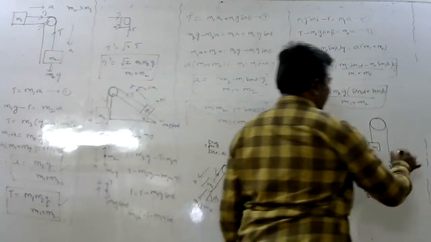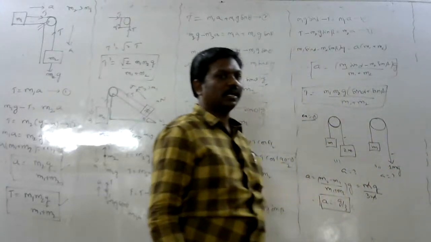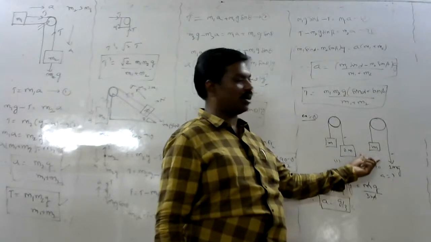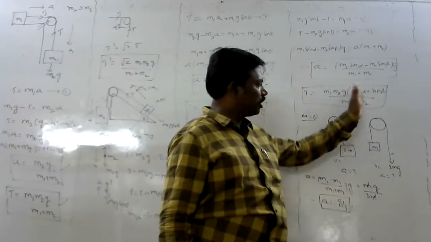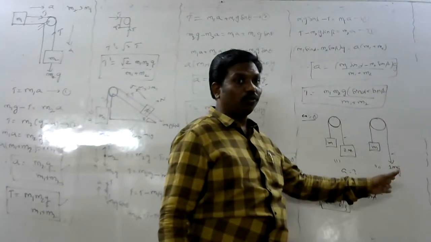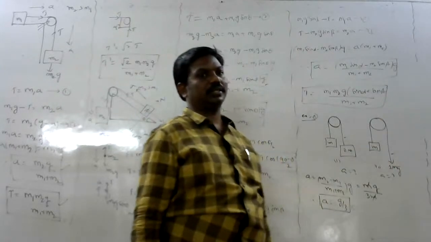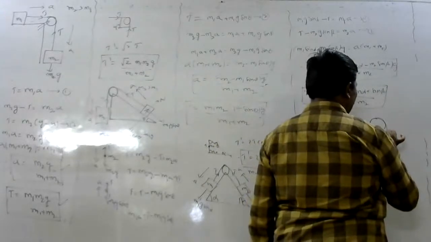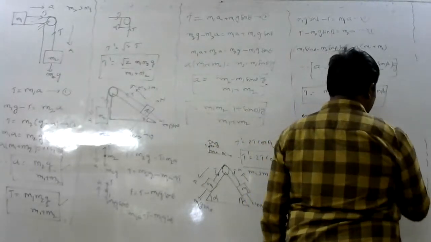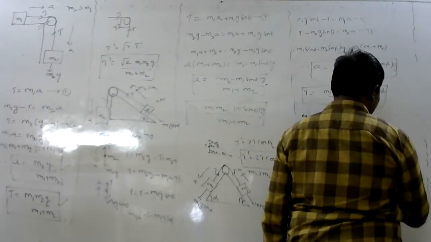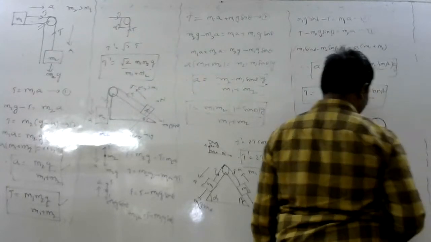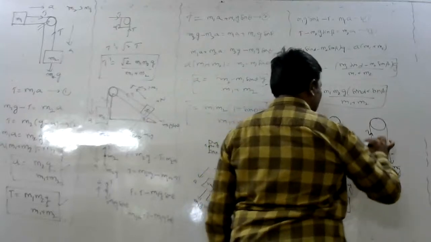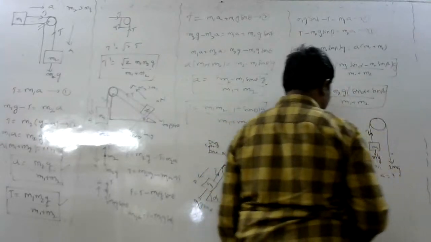Okay, in the second case, a block of mass m is lifted by a downward force 2mg. So here is tension T. Its weight is always in the downward direction, mg. From this diagram, tension T is in the upward direction.